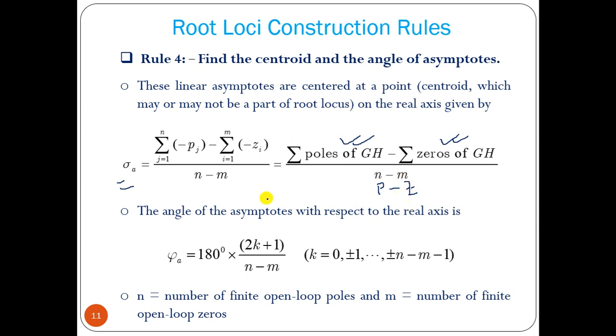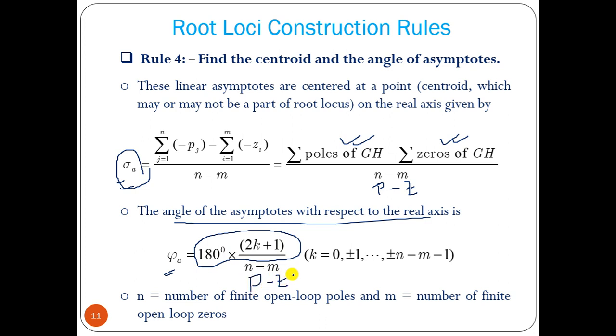That should be the value of the centroid on the real axis: the summation of real values of poles minus the summation of real values of zeros, divided by the number of poles minus the number of zeros. And the angle of asymptotes with respect to the real axis is 180 degrees times (2k plus 1), that is the angle condition, divided by p minus z. The k value we have to choose such that it ranges from 0 to p minus z minus 1.